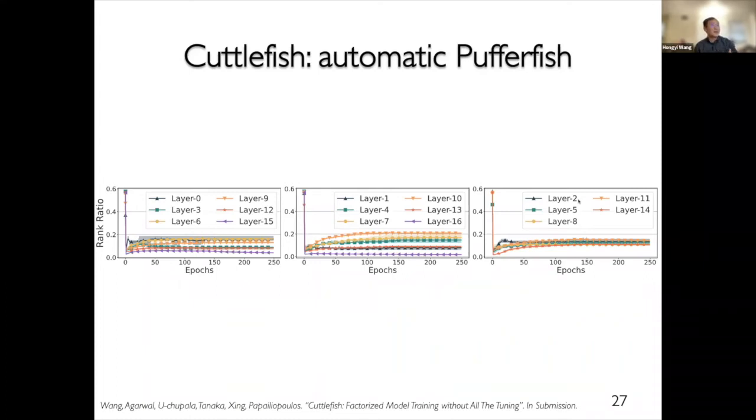And sometimes the number of warm-up epochs can also be important. Here we observe that the estimated rank becomes stable at the end of the training. And we can also use that to determine the rank we want to use to factorize each layer.